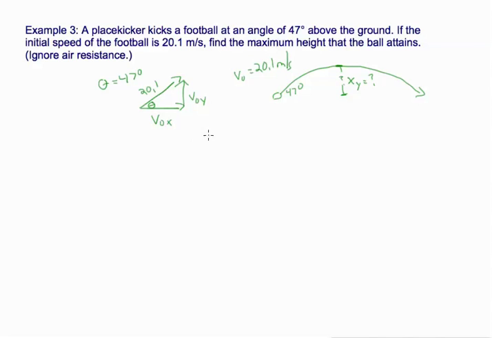So we can do cosine of theta equals adjacent over hypotenuse, and we will get the initial velocity in the x direction is 13.7.